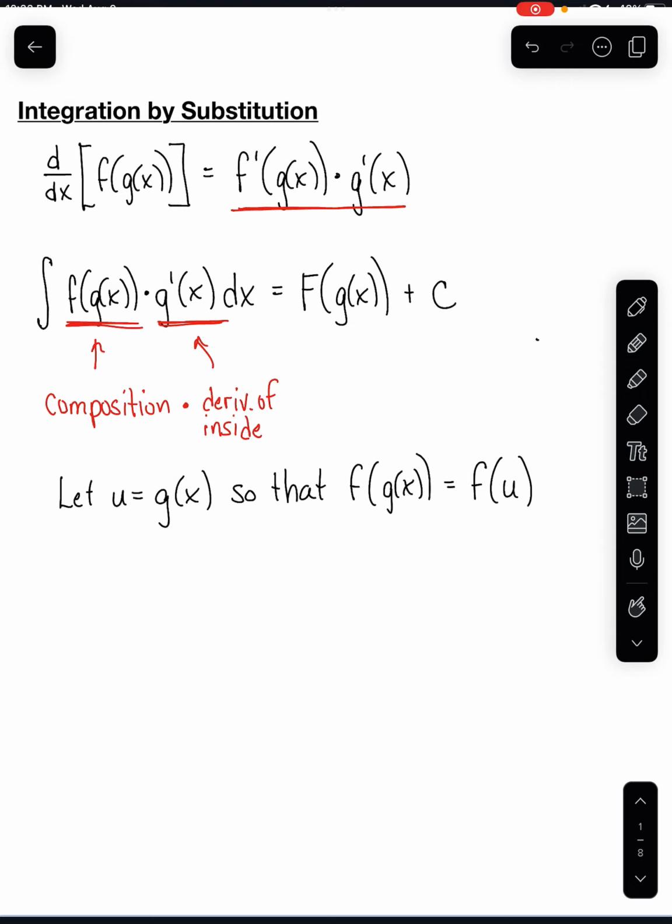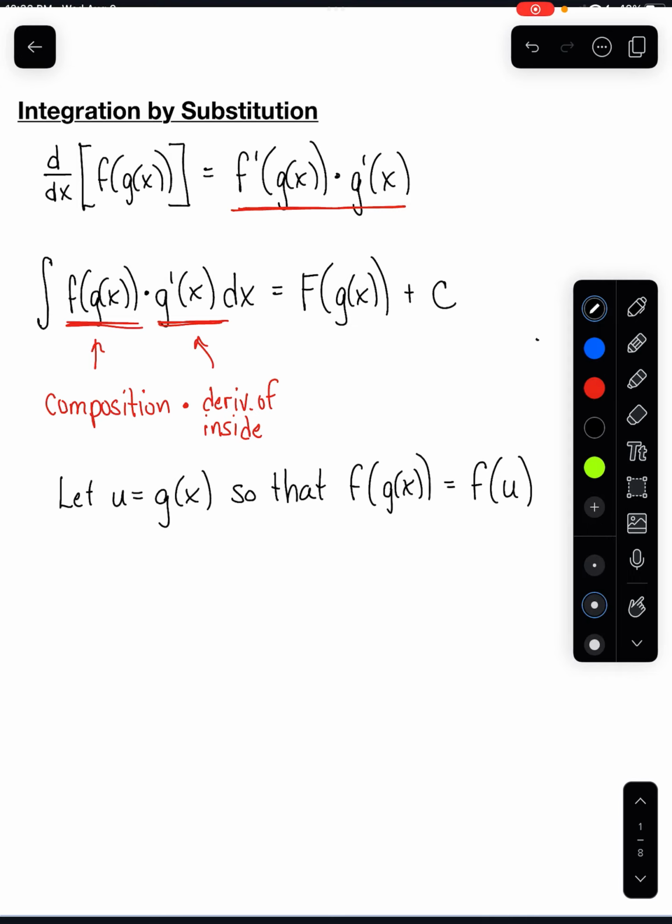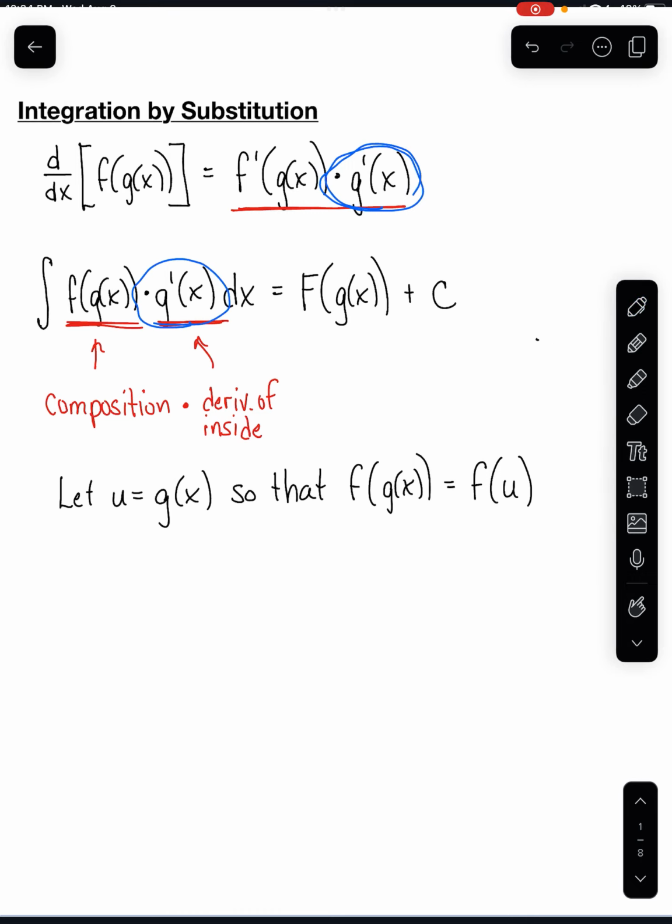Well, we can still do the same thing here. The difference is that when we differentiated, we needed to produce g prime of x as part of the derivative. When we're integrating, we need to recognize that it is already there. So in either case, whether we're differentiating or integrating, we still need to find the derivative of the inside function.